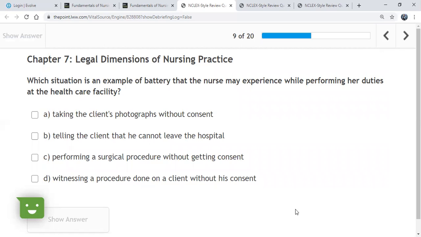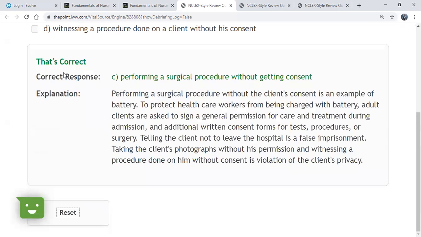Which situation is an example of battery that the nurse may experience while performing her duties at a healthcare facility? Battery. Is it C? C, okay.